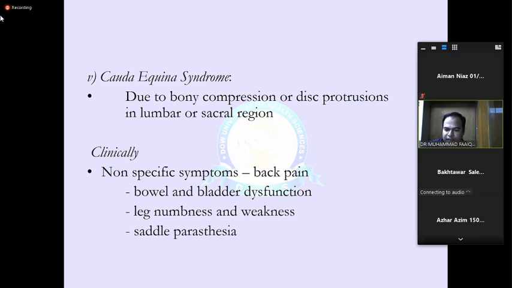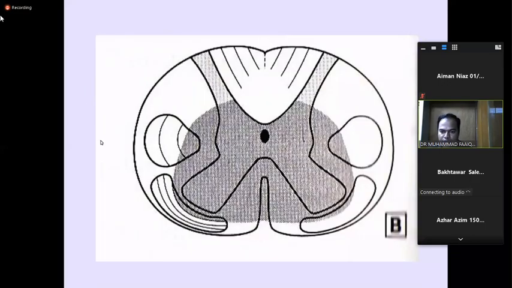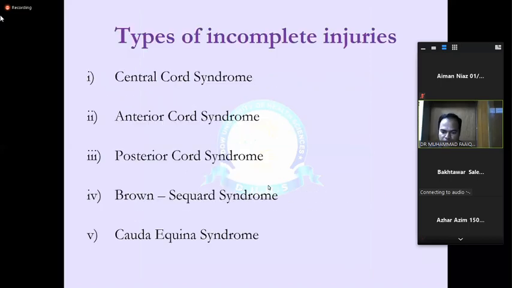It is a triad. And as I told you, these are the different types of incomplete cord injury: central cord syndrome, anterior cord, posterior cord, Brown-Séquard, cauda equina syndrome. All of these are incomplete cord injuries and need your attention.